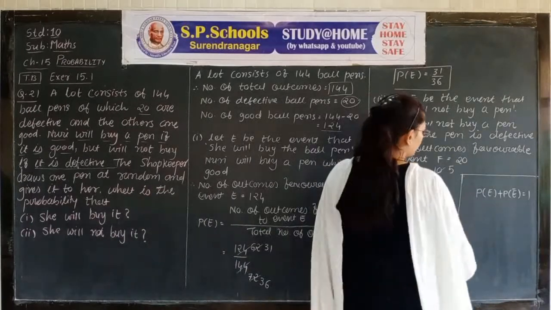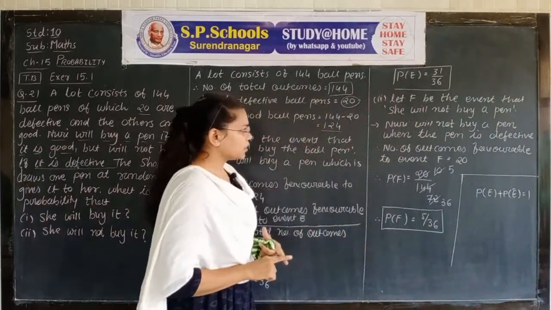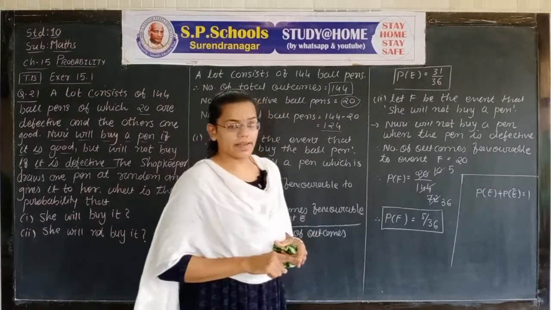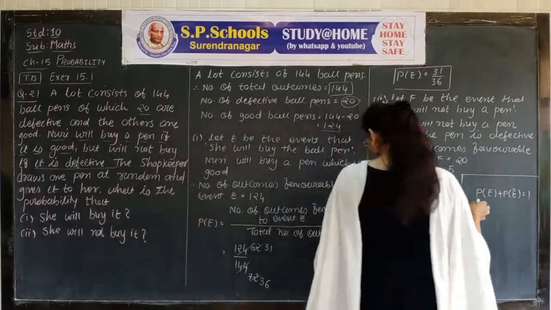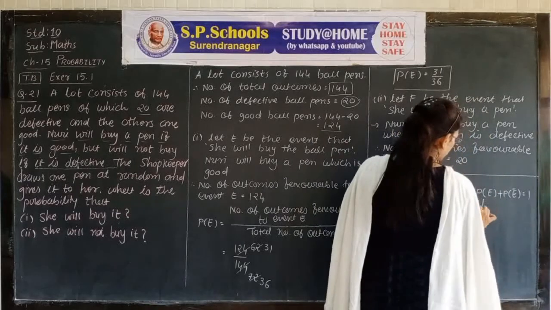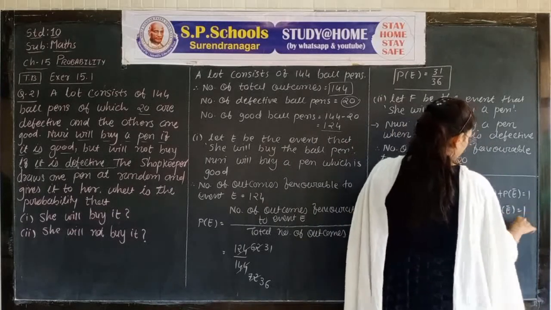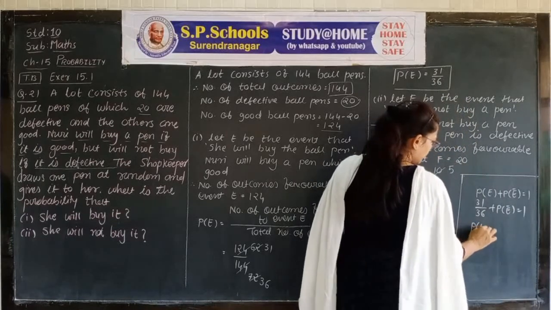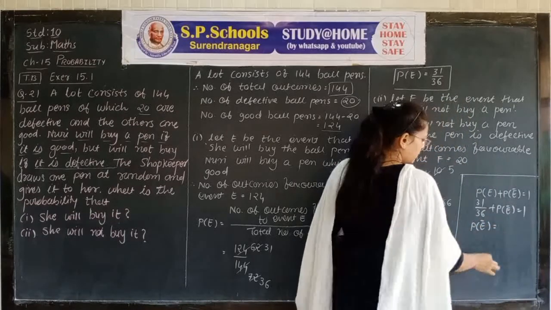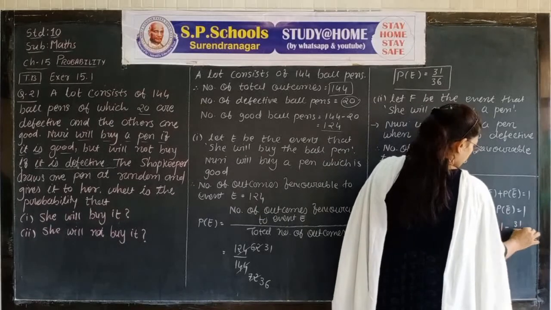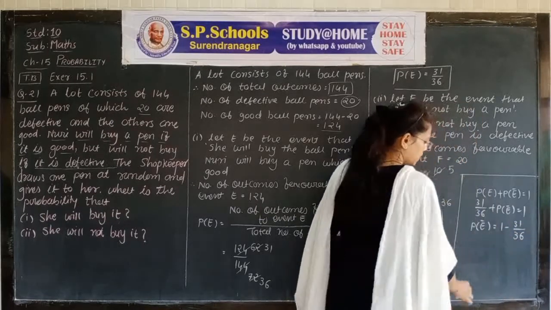We know the P of E. P of E bar gives us that she will not buy a pen. We know the probability P of E is 31 upon 36, plus P of E bar is equal to 1. Now we make P of E bar the subject. P of E bar is equal to 1 minus 31 upon 36.